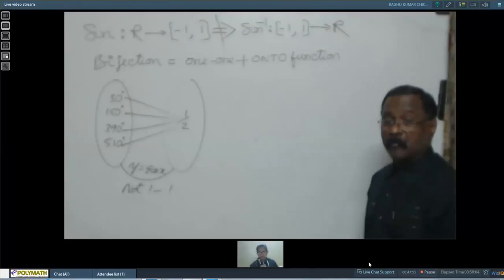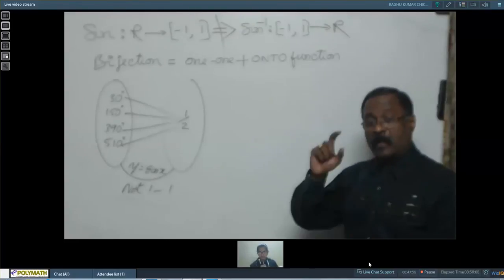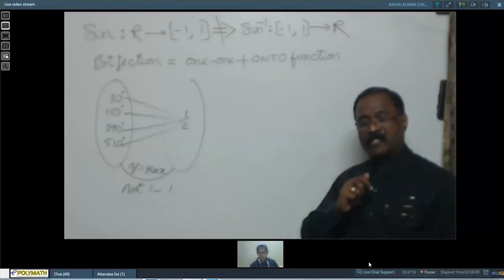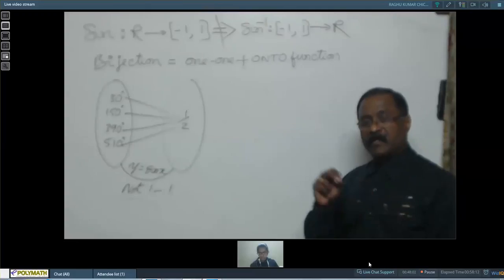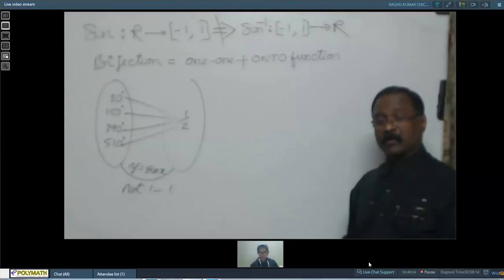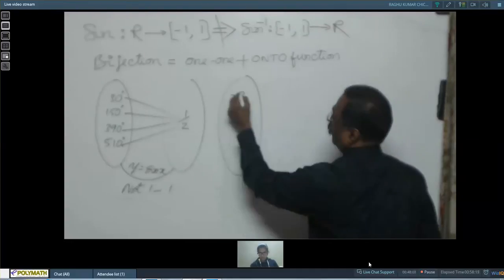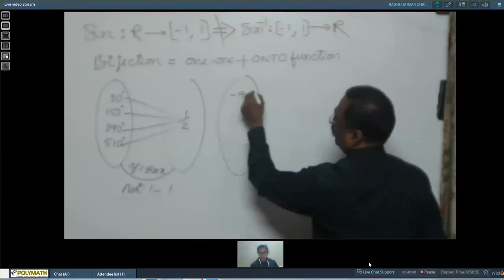Then what the mathematician did, he observed, he tested its bijectivity. What I mean to say, when this function is behaving as a bijective function, he tested it. So for that purpose, he took the values between minus 90 and plus 90.